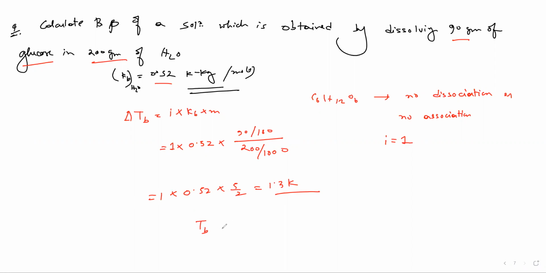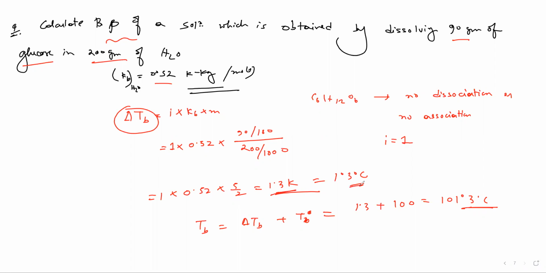Now what is TB? TB equals del TB plus TB naught. Now the solvent is water, so the boiling point value is 1.3 plus 100 degrees centigrade, so you can write 101.3 degrees centigrade. Is it clear? Because del TB is a change in temperature, you can write Kelvin or centigrade.